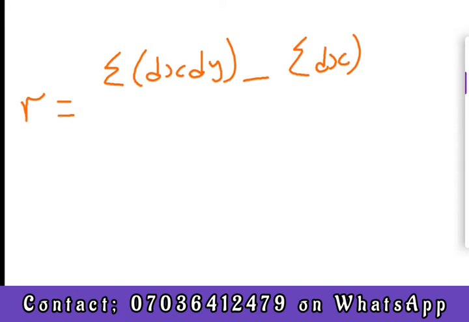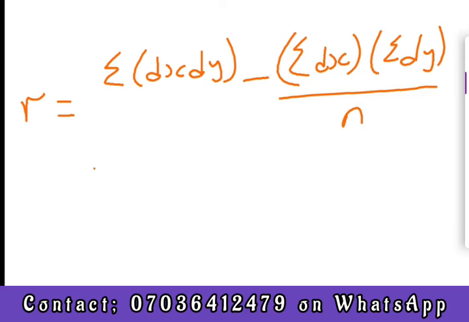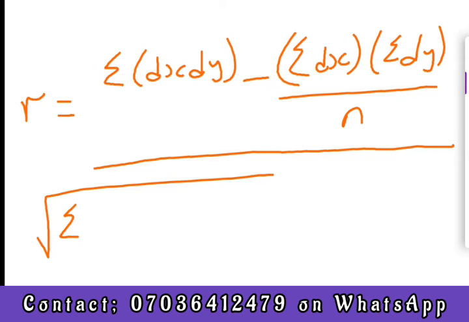summation dx dy minus summation dx multiplied by summation dy, divided by n, and this is all divided by square root of summation dx squared minus summation dx over n, but this is all squared.